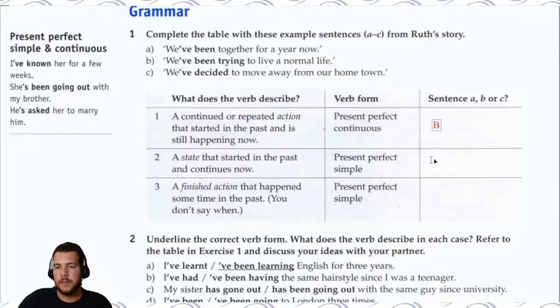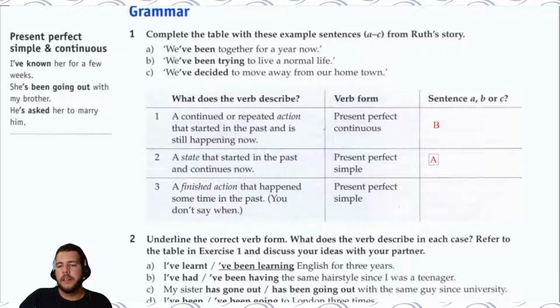Good. That would be letter A. So we've been together for a year now. It's a state. Yes, to be is a state. It's not an action. You cannot think of an action. Be is a stative verb. And this started in the past and continues now.